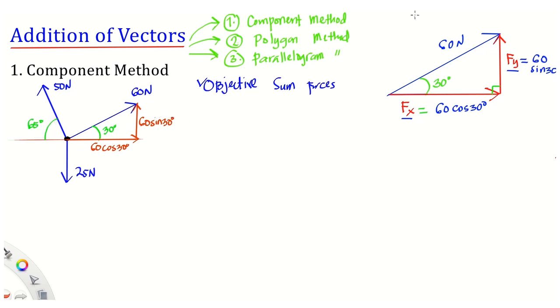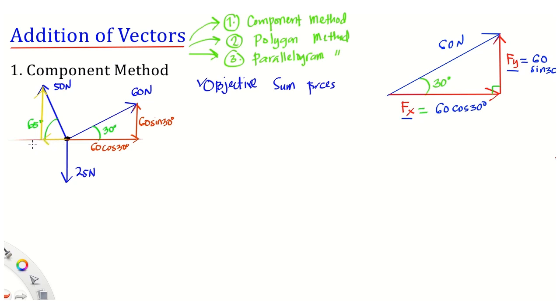Okay, so we do the same thing. Let us use another color for this one. For the 50 we can have the component of 50. So this is our 50, and this is the y component. Okay, so we could say that this is with respect to the x-axis.